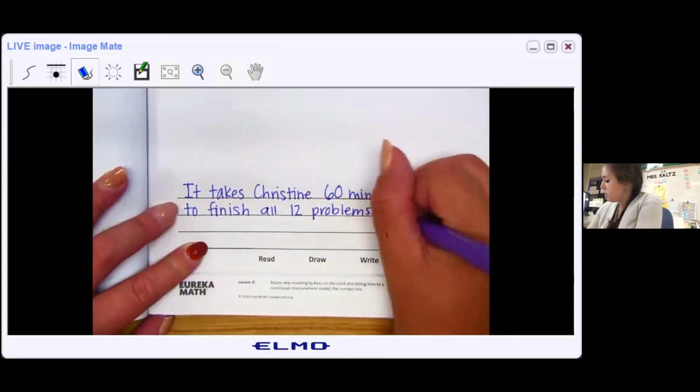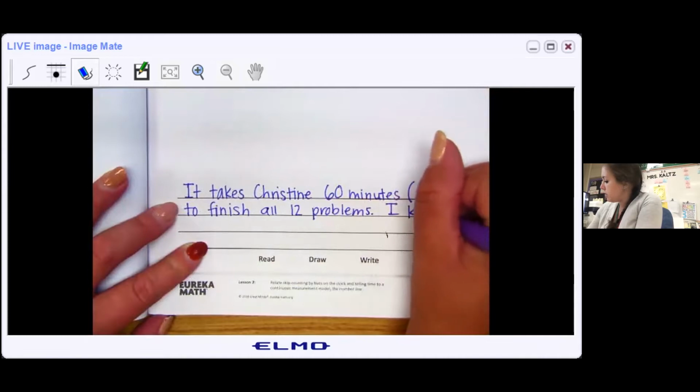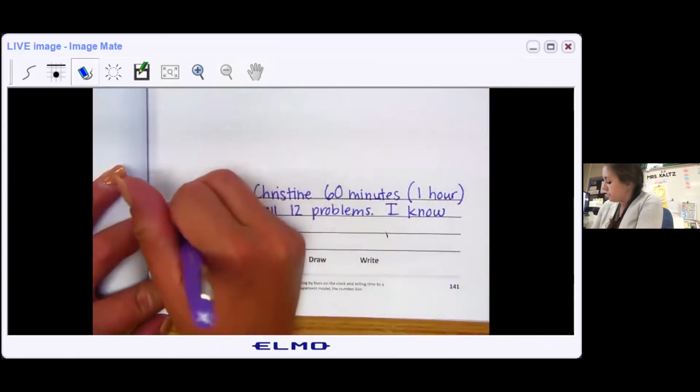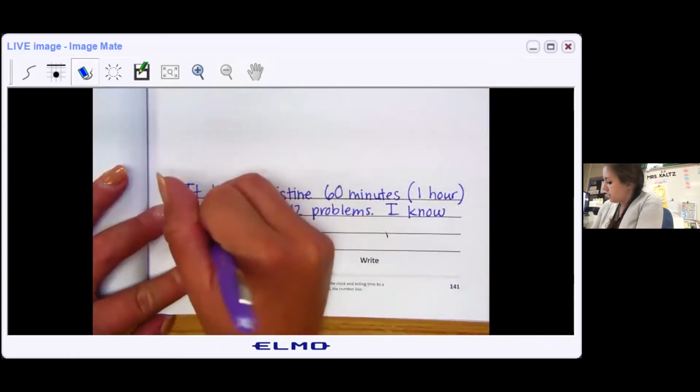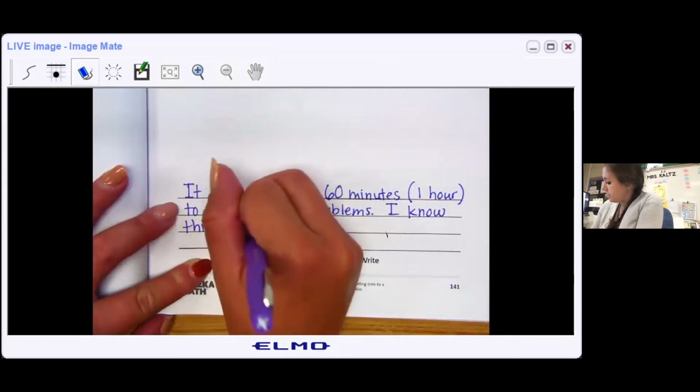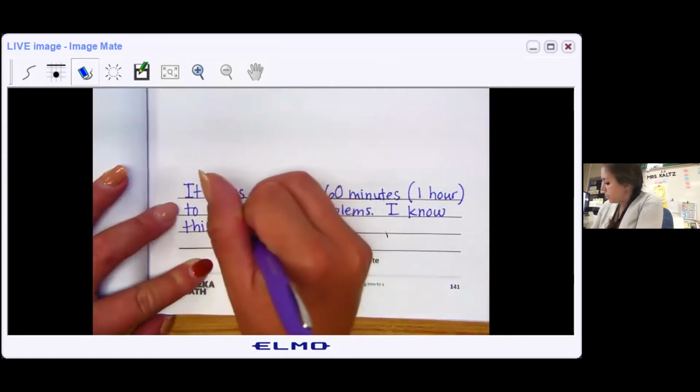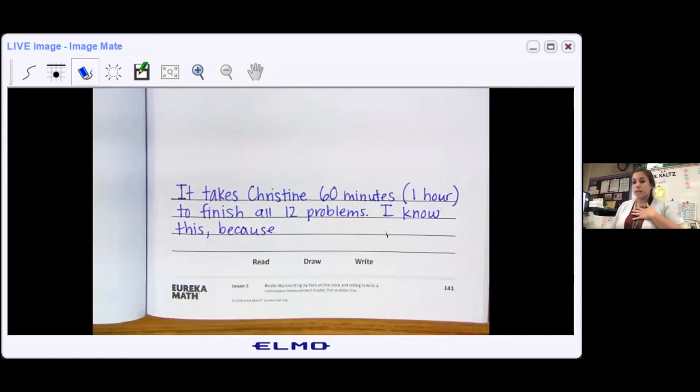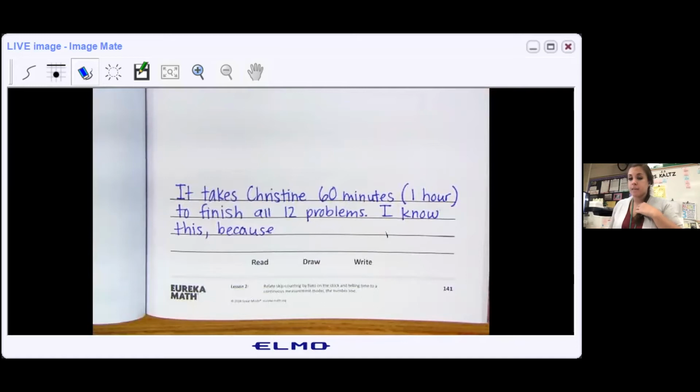Then our very important words to write, I know this because, and then I want you to finish that answer. For me, I know it because I drew a tape diagram with 12 groups of 5. Then I skip counted to find my answer.